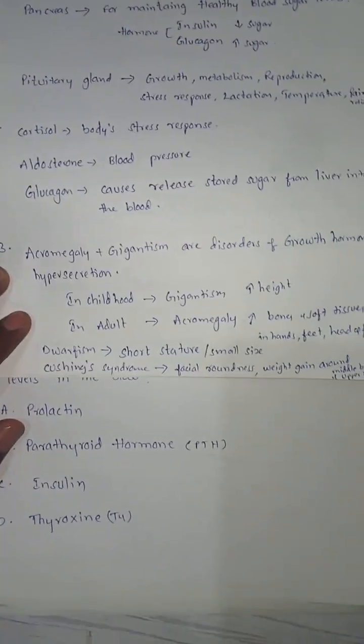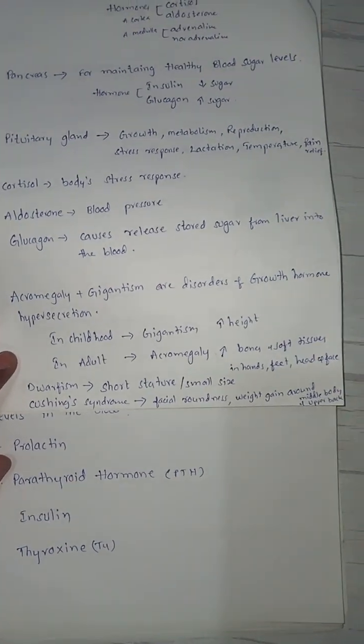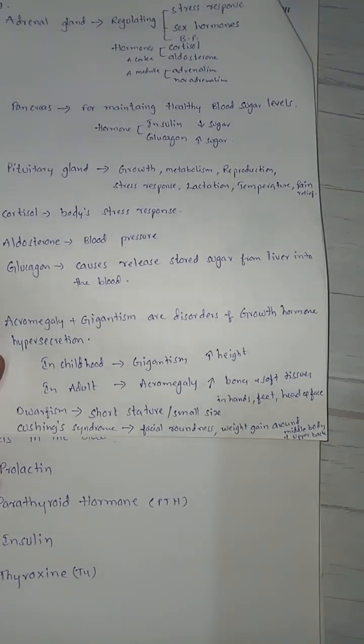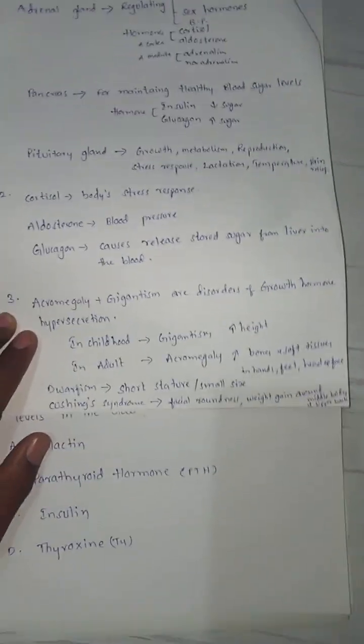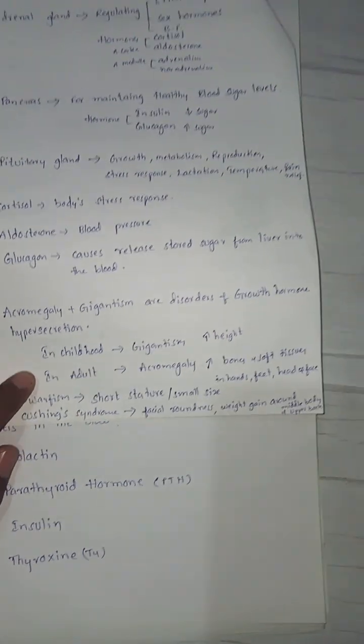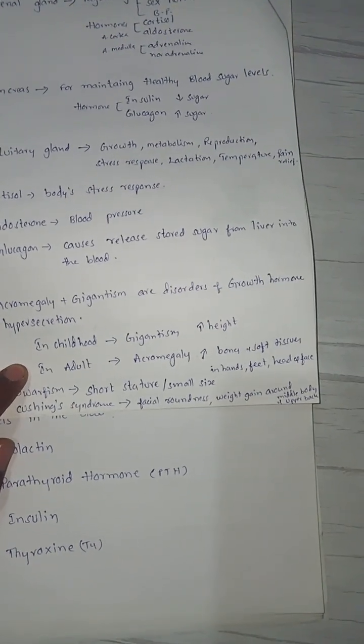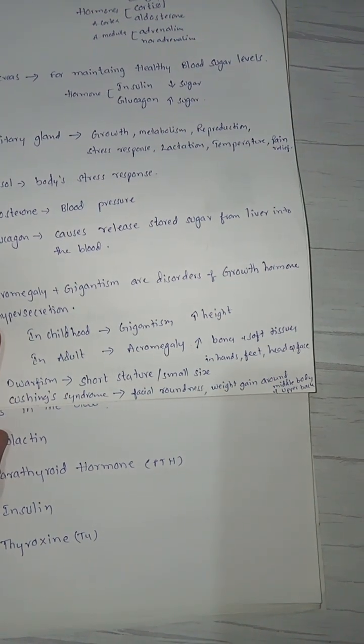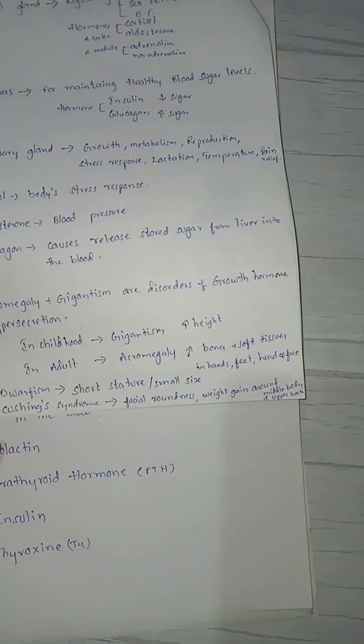Acromegaly and gigantism are disorders of growth hormone hypersecretion. Both are growth hormone hypersecretion, but you can observe clearly in adults it's called acromegaly, and in childhood it's called gigantism.